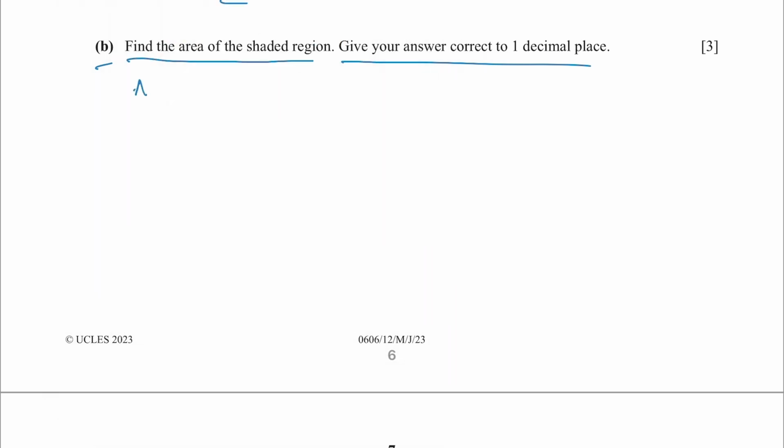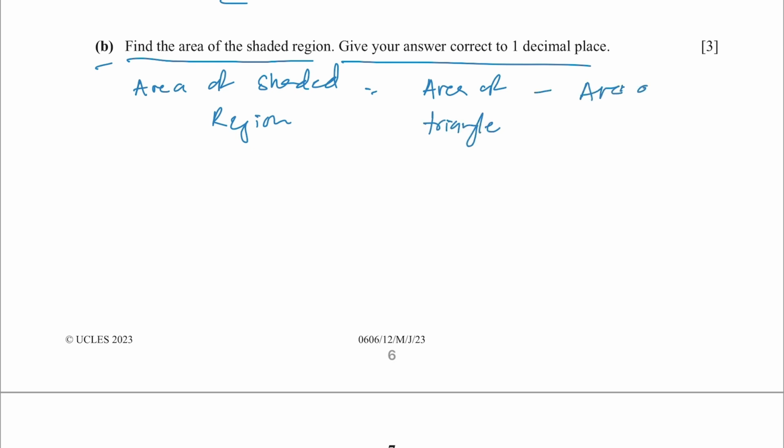So our area of shaded region is basically area of triangle minus area of sector. This is basically given as 57.6.